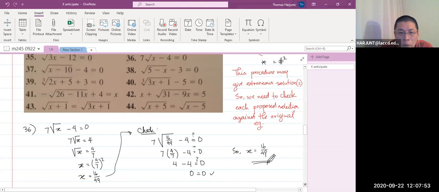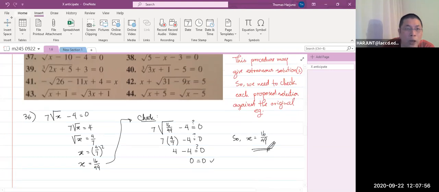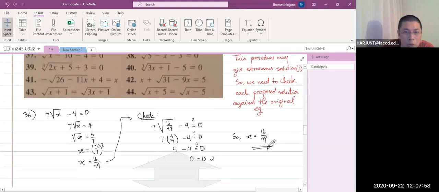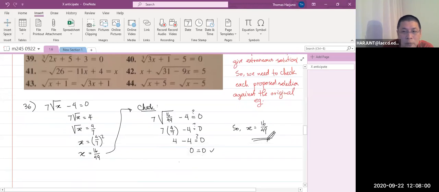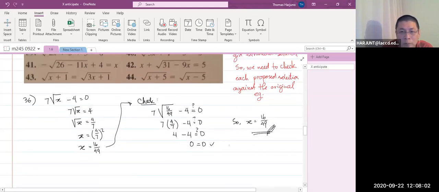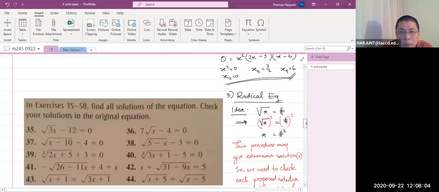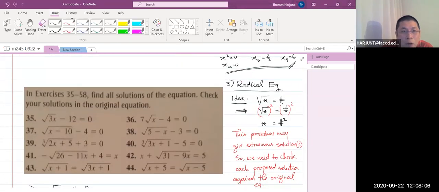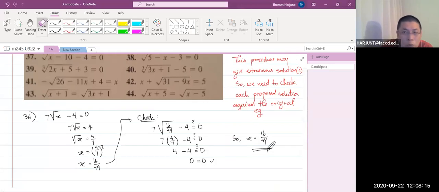Now, I'm about to give you an exception: under what situation you don't need to check. If you want to check, it's still okay. You can always check; checking is not wrong. It's just under what situation checking is not necessary.